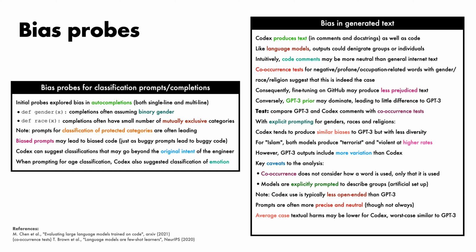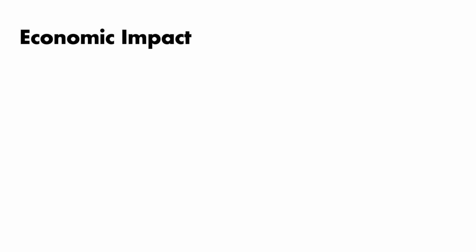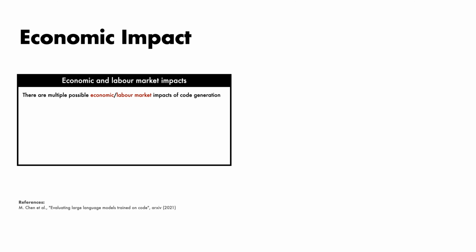In this respect, one way to interpret the harms associated with text generation is from the perspective of robustness. For cases when the generated comments are out of distribution, Codex tends to act like GPT-3. Considering other kinds of societal consequences from Codex, there are a number of potential economic and labour market impacts of code generation.